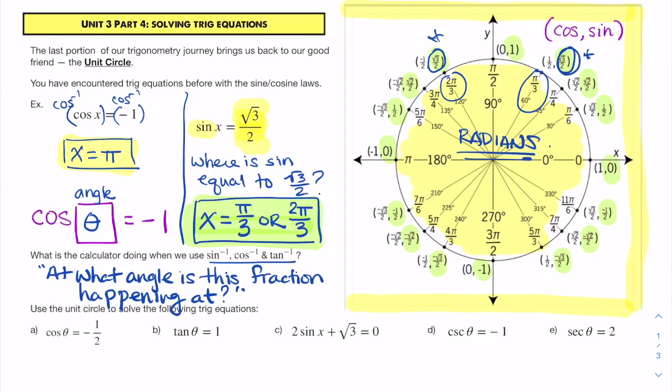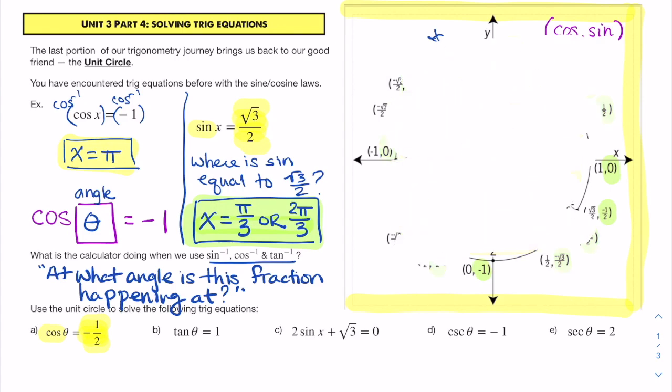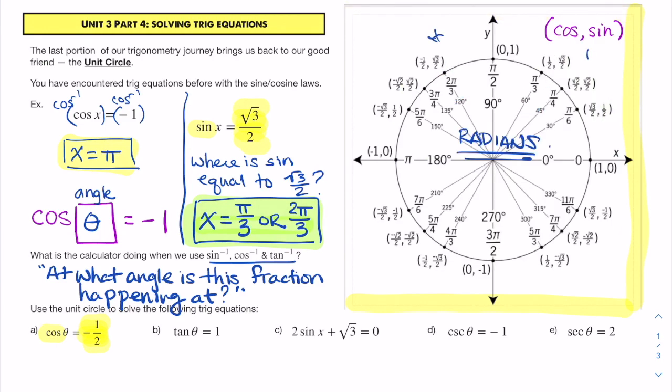Okay, so let's come down here. So now it's asking for where is cosine -1/2. So again, let me get rid of all this junk on my circle. I'm not going to highlight everything anymore. I'm just going to focus on cosine. So cosine is first position, so I see a -1/2 here.